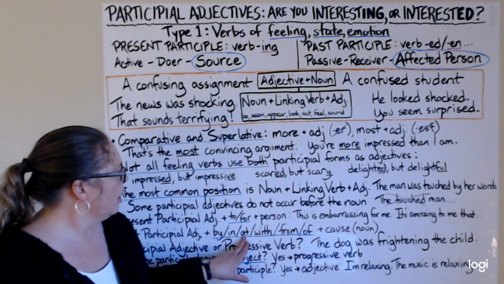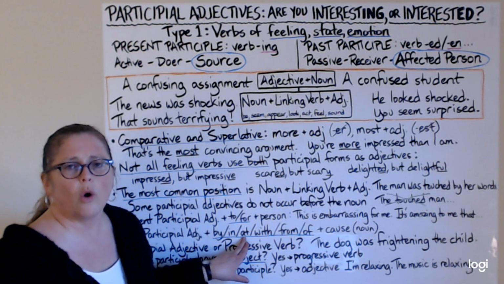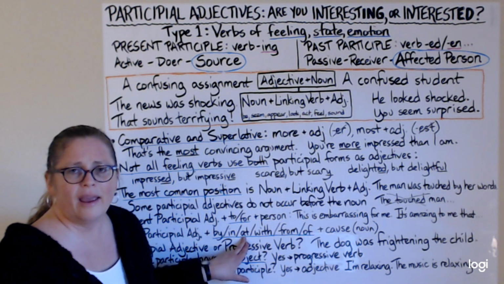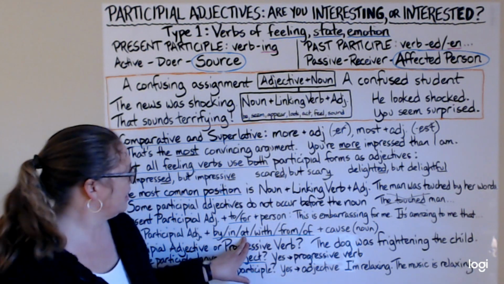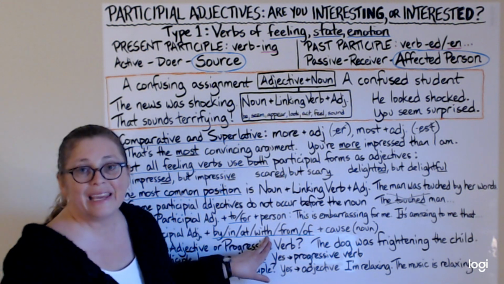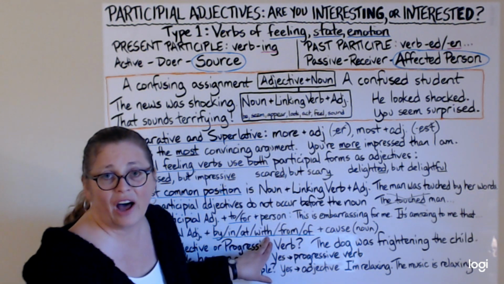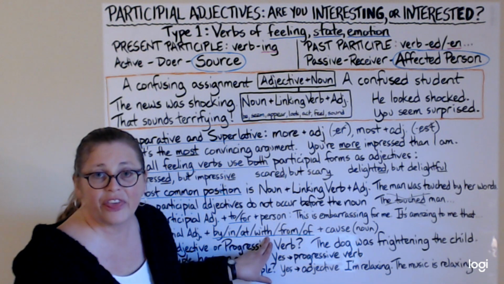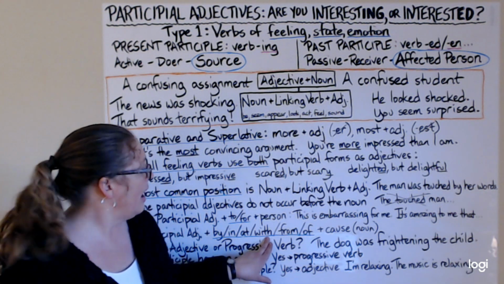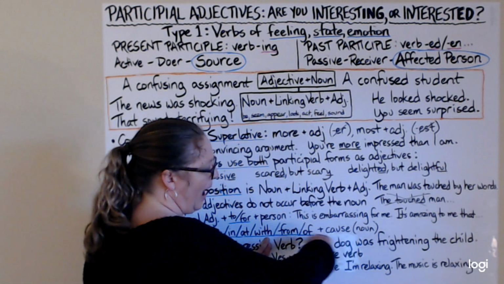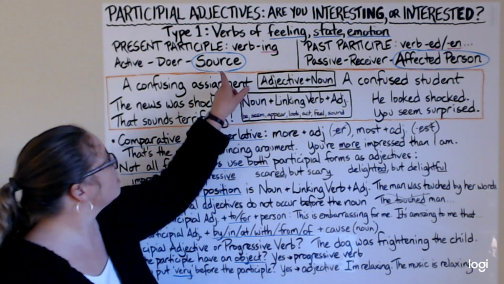When you are disgusted or upset at a person. If you are pleased or satisfied with something. And all of these things that we're talking about after it are the cause, the source.